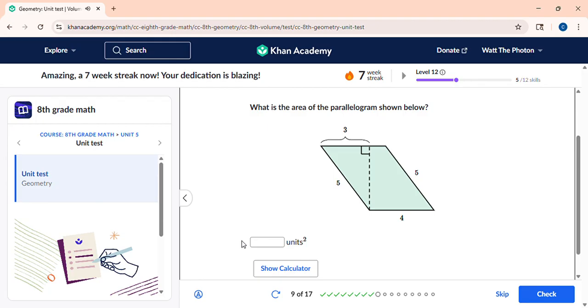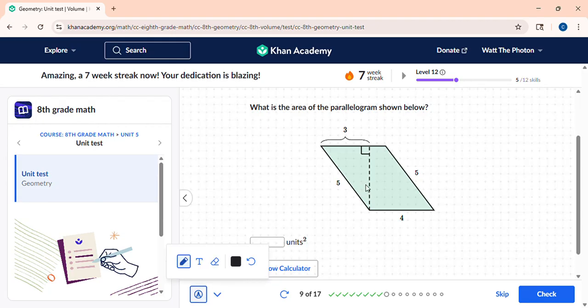What's the area of the parallelogram shown below? We'll just do this in chunks. So we cut this right here. The length right here is going to be 4. And then we have a 4 by. So this is a 3, 4, 5 triangle right here.